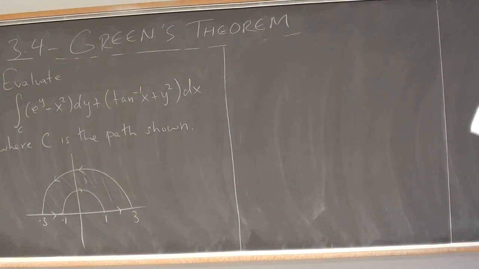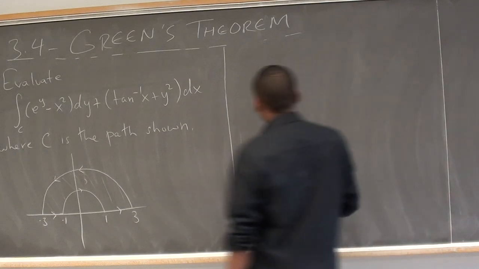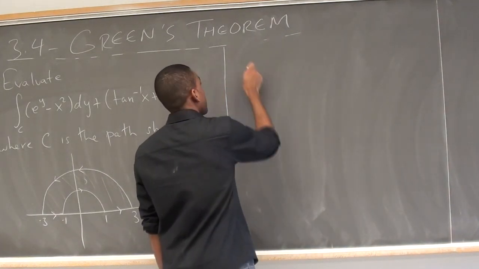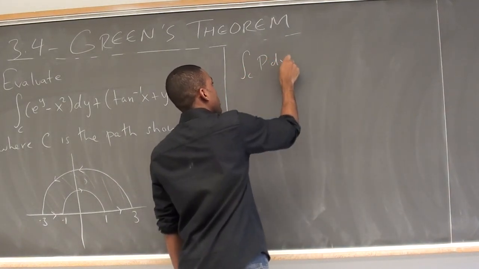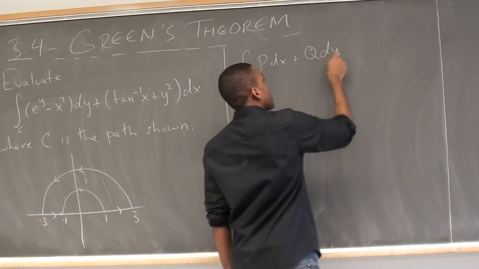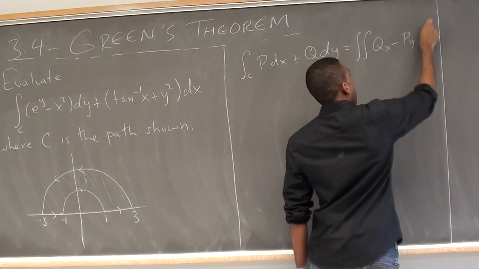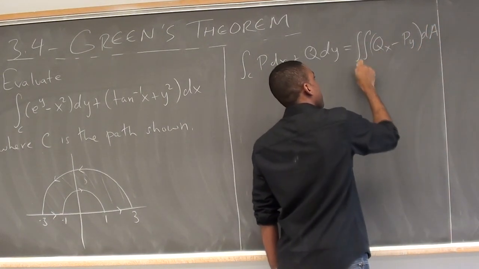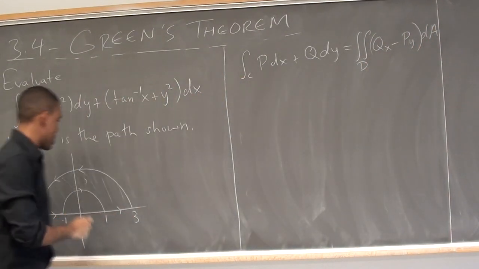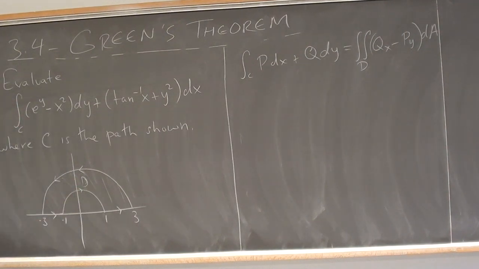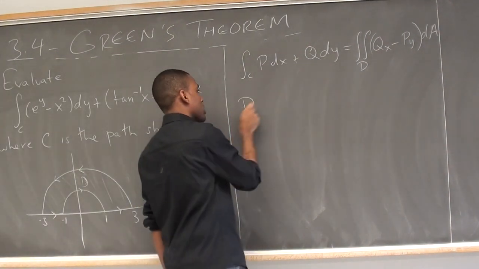Right? So we're going to use Green's theorem, which means that the line integral over C of P dx plus Q dy is equal to the double integral of Qx minus Py over D, where this is the D. Here, what's P?